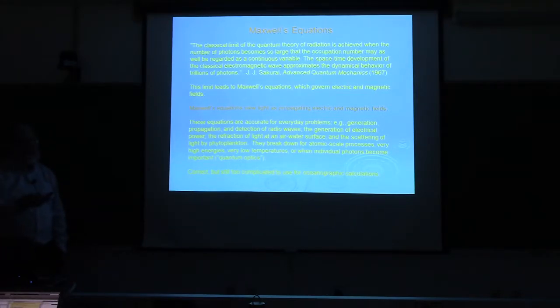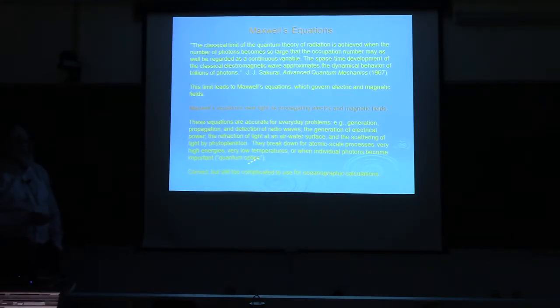They do eventually break down at the atomic scale, where you have very high energies, very low temperatures near absolute zero, or when you are doing something that involves individual photons. Then you have to go back and do fancier physics.